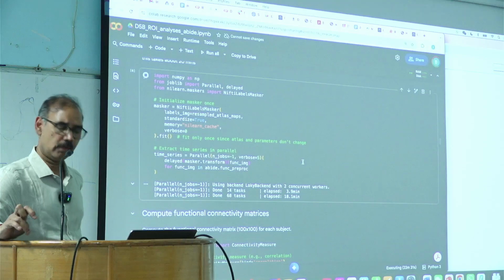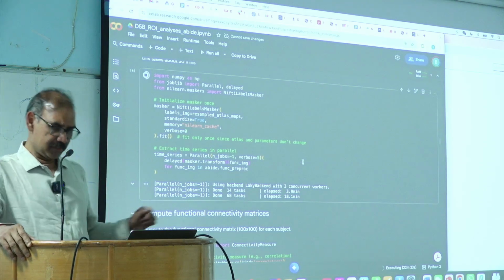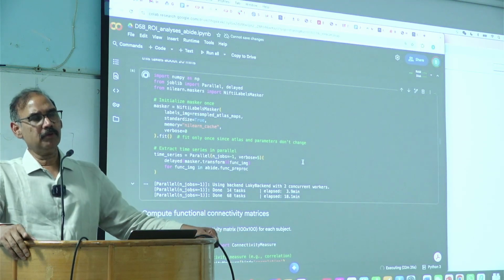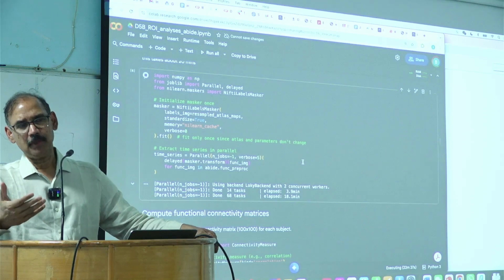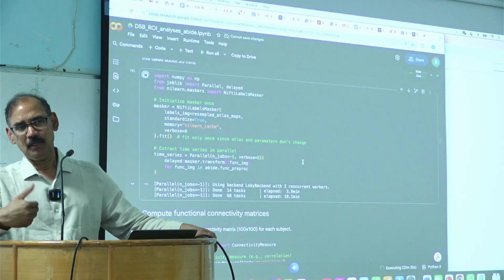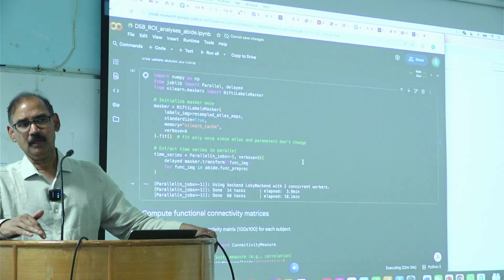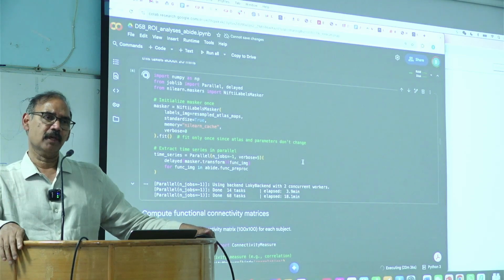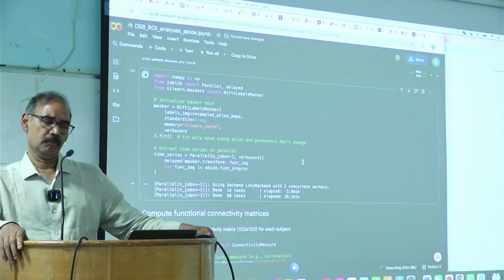You can use ICA, but if you want to focus on the salience network, you might as well take the coordinates of the salience network, use it as a seed, and then see what you get.